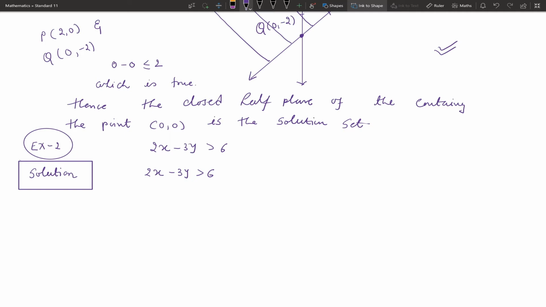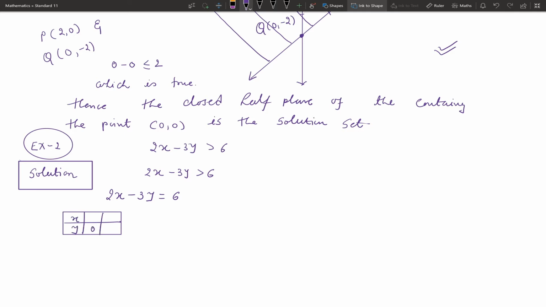So first we have to remove the inequality and we will take equality. So 2x minus 3y equal to 6. Now it will represent a straight line.